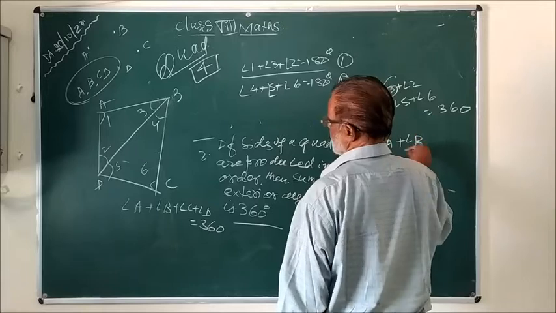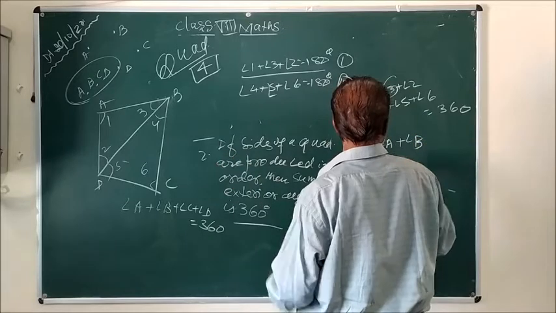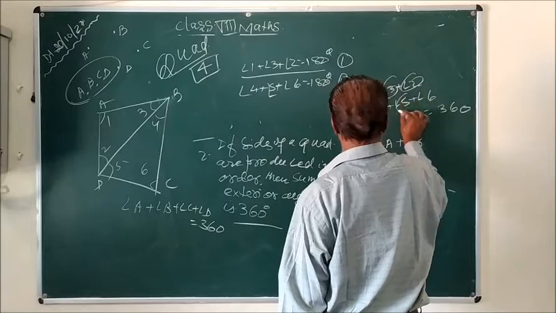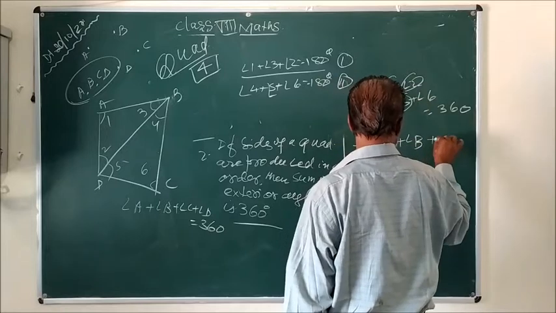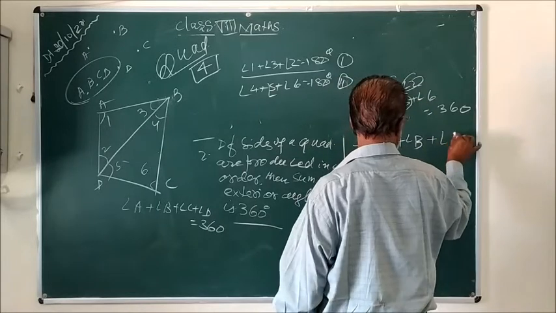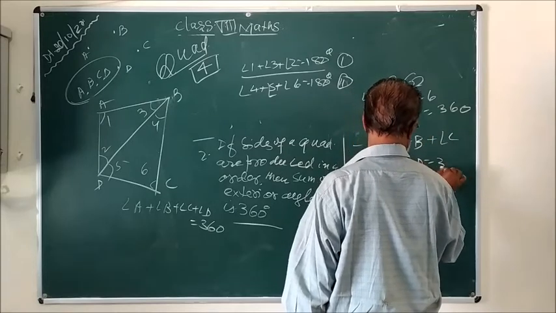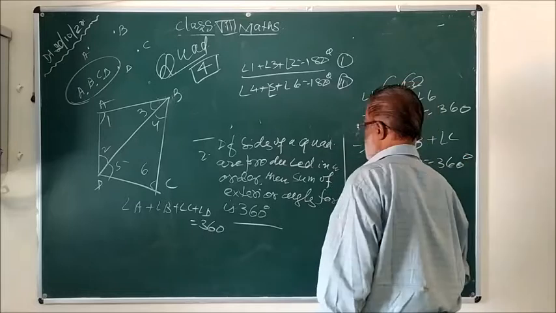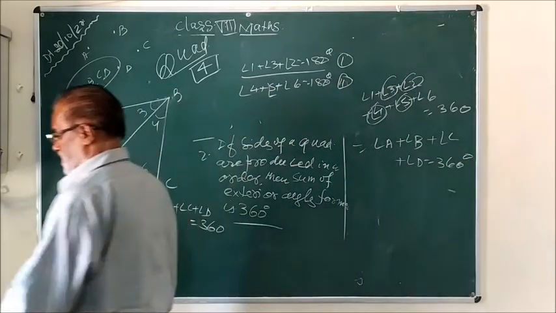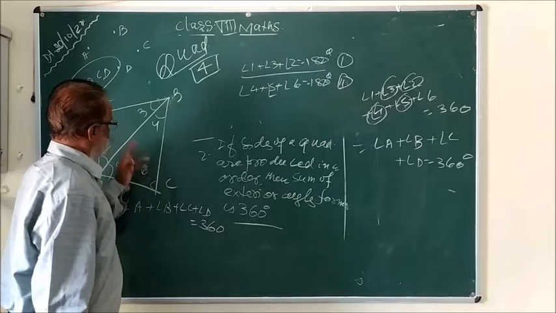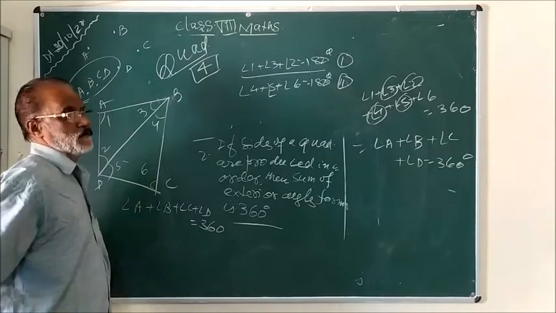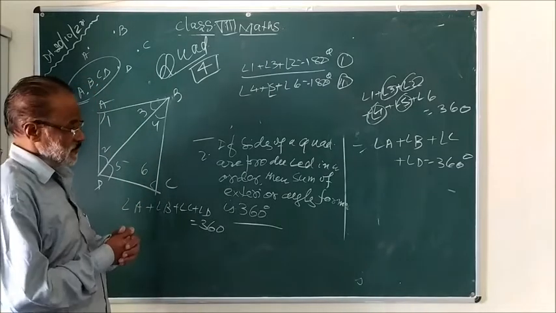Angle B. Angles 2 and 5 we put together, and this comes to angle D, and angle 6 will be angle C. So this is equal to 360 degrees. So this is the proof. What is the proof? The sum of all angles of any quadrilateral is 360.